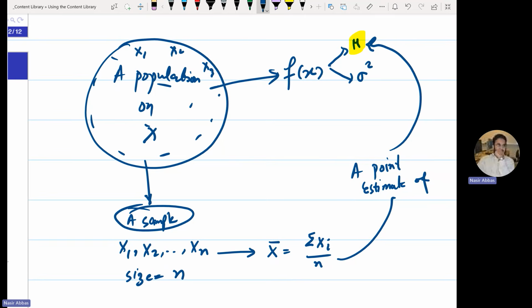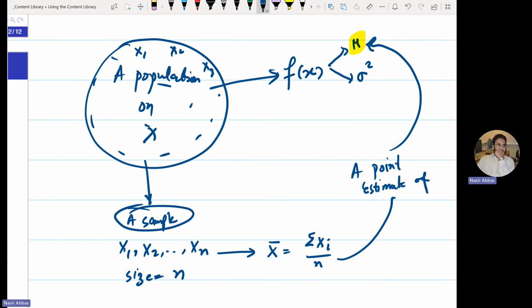You have a population on a variable X. There are many items inside the population, maybe finite, maybe an infinite number of objects. These objects are modeled by a density function f of x. This density function depends upon some unknown constants, the parameters of the distribution: beta, delta, gamma, omega, mu, sigma, whatever.